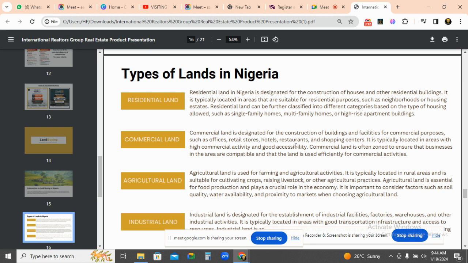So if somebody is building commercial properties on a residential land, that person has gone against the law, and the government has the right to come and pull that building down.